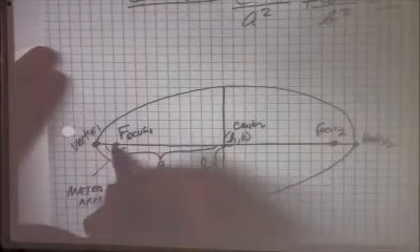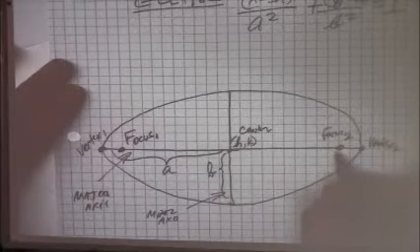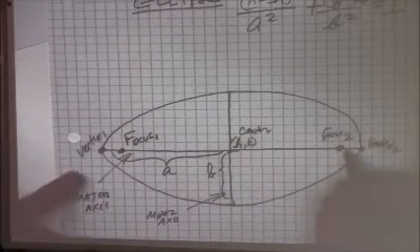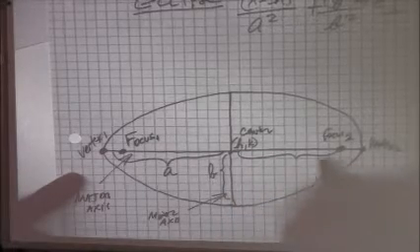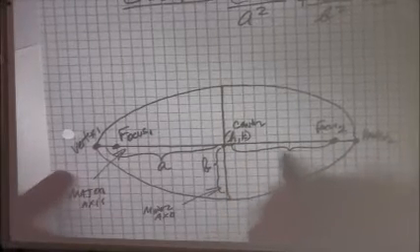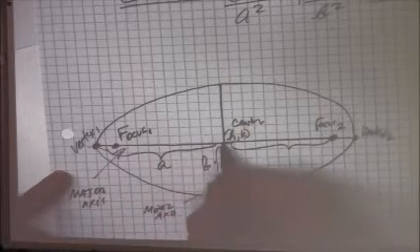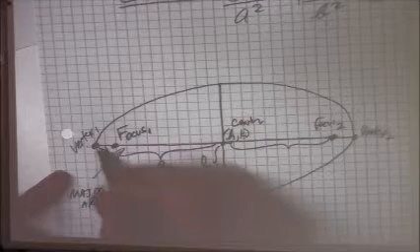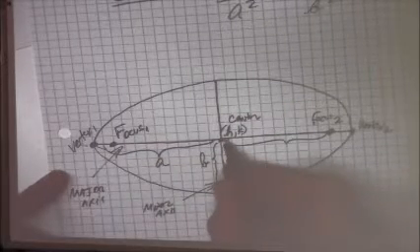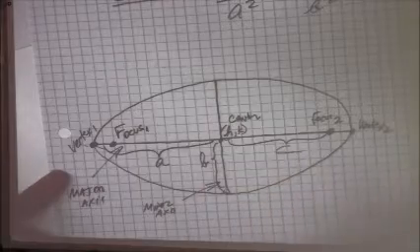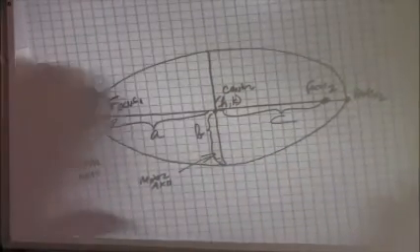Now, there's a focus point here. A is the distance from the vertex all the way to the center, including the extra part past the focus point. And B is this one from endpoint to center. A, B, there's a C. Yep, we call that C. And you've heard of the Pythagorean theorem.